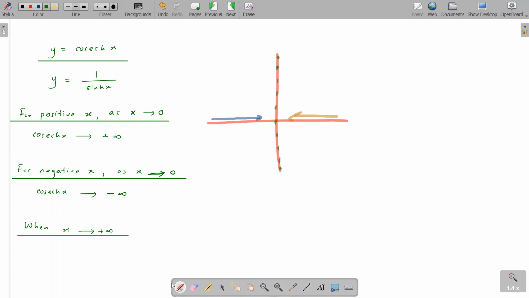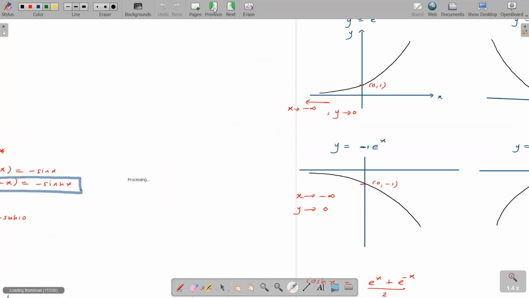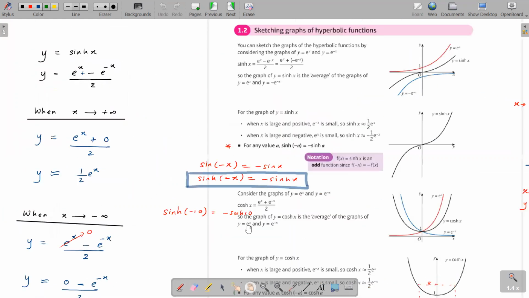I think we already know this for sinh x, right? When x approaches positive infinity, sinh x is half e to the power x. Half e to the power x means you know that it's an infinitely large y value. It's a large y value, right? So this is positive infinity.